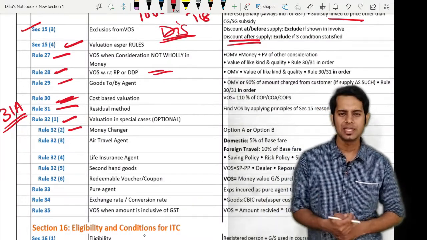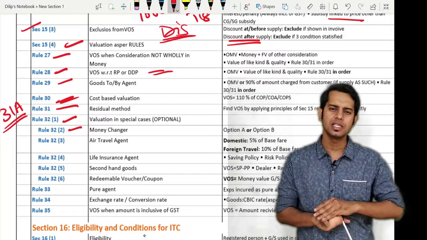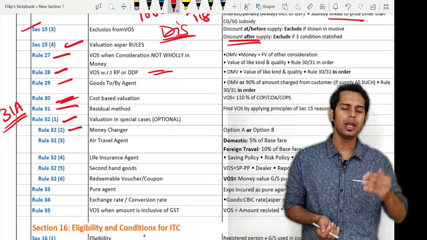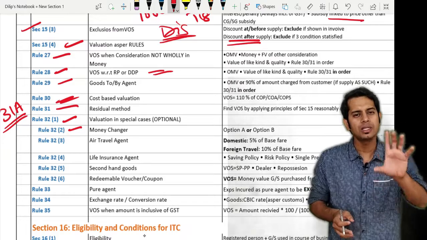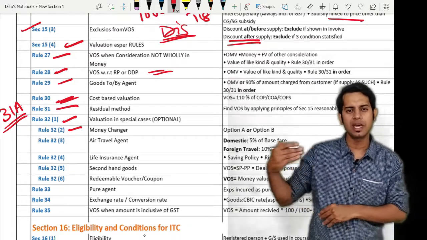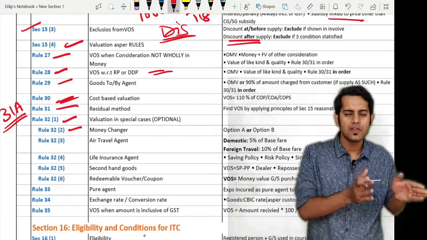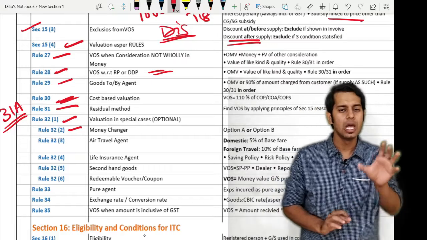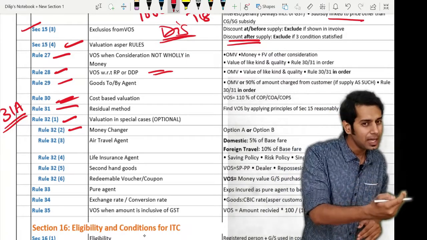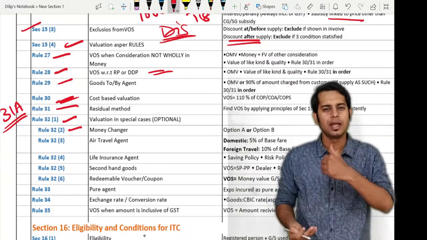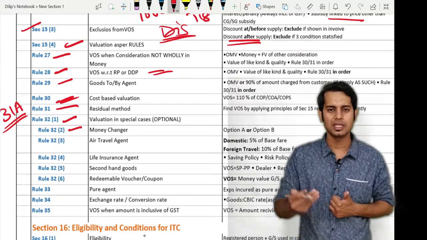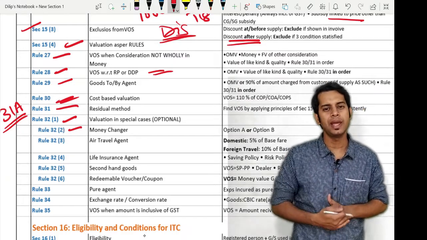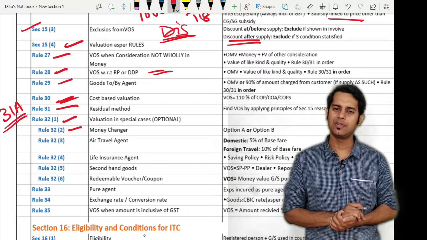Rule number 32 sub rule 2 talks about value of supply in case of a forex dealer or a money changer. A forex dealer or money changer has two options. Option number 1, with two arrow marks: currency exchange involves Indian rupees, or currency exchange does not involve Indian rupees. If currency exchange involves Indian rupees, then is RBI rate available? If RBI rate is available, then whatever rate the currency exchange is charging minus whatever rate is given by RBI, into the number of units exchanged, will be value of supply.